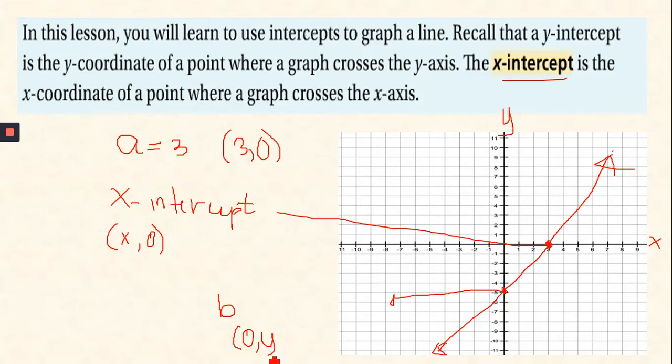Okay? Your x is always 0 here. For example, in this graph, your y-intercept here is, let's say, -5. The coordinates of your y-intercept is 0, -5. Okay? So that is the difference between x and the y-intercept.